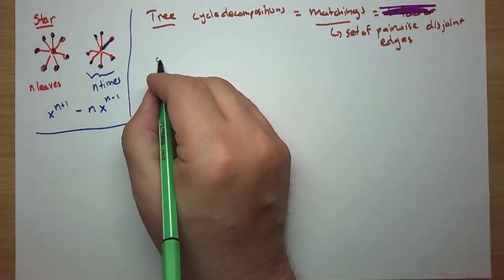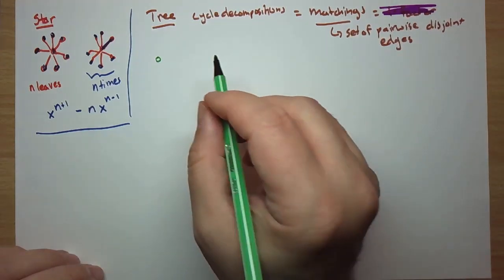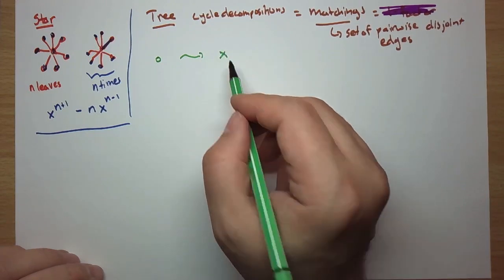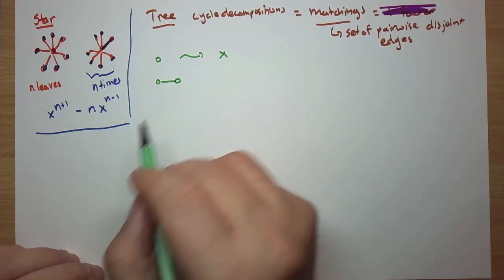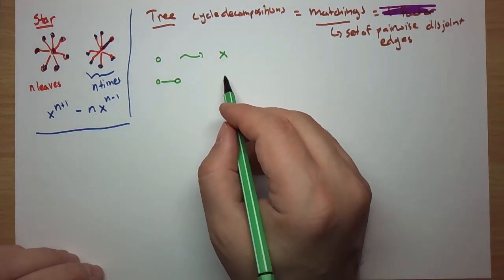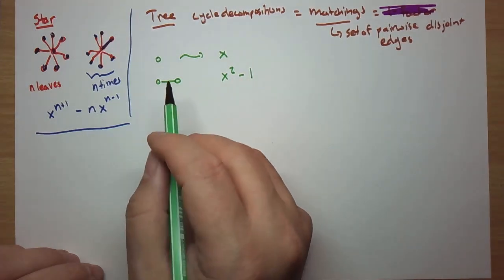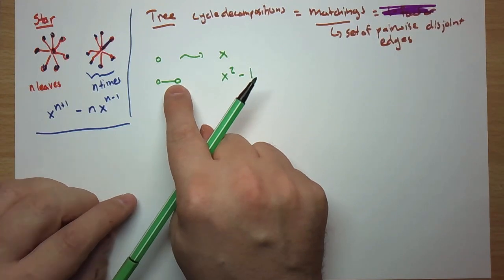Well, a single vertex counts as a path. Okay, so what's this characteristic polynomial? X squared minus 1, because you have nothing, or just the edge.